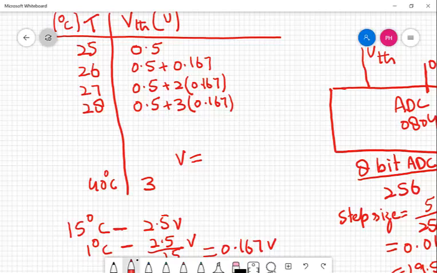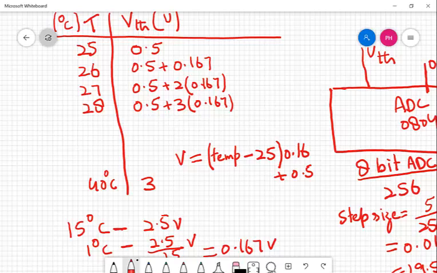So VTH is equal to temperature minus 25 degrees Celsius, because we are starting from 25 degrees Celsius, multiplied by 0.16, plus 0.5, because voltage starts from 0.5.